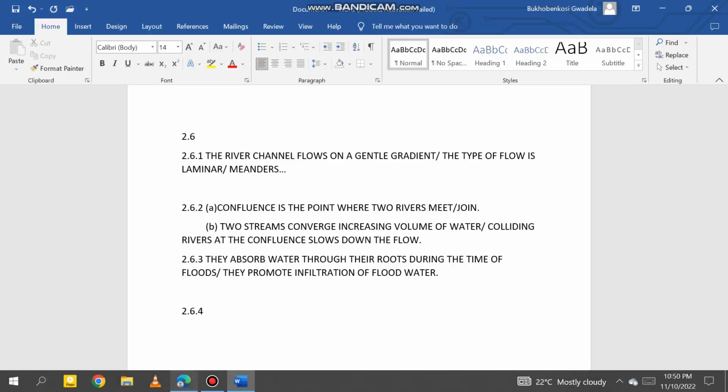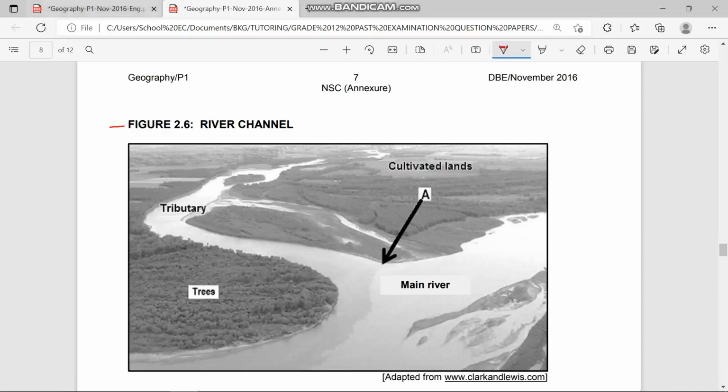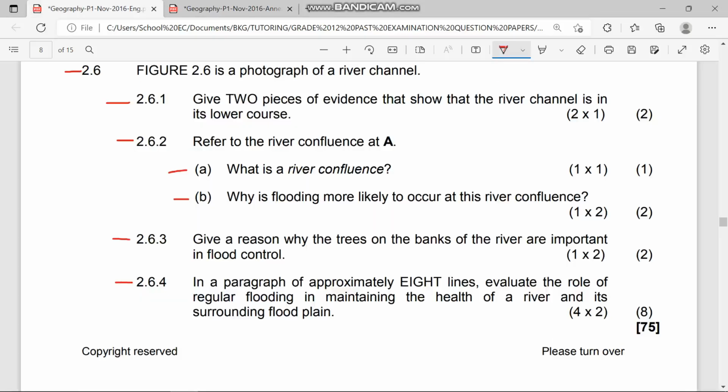Let's jump to 2.6.4, the last question. In a paragraph of approximately 8 lines, evaluate the role of regular flooding in maintaining the health of a river and its surrounding floodplain.